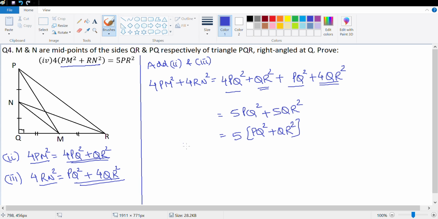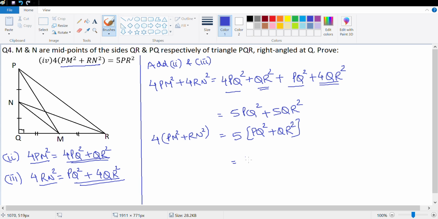The left hand side is 4 times PM square plus RN square. 5 times PQ square plus QR square. So if I look at the big triangle PQR, PQ square plus QR square is equal to PR square.